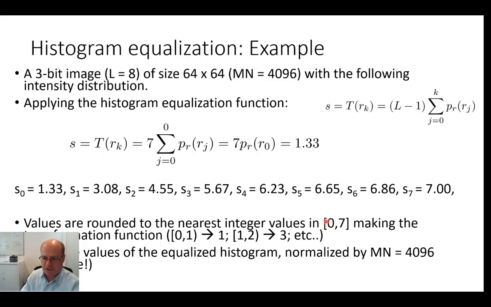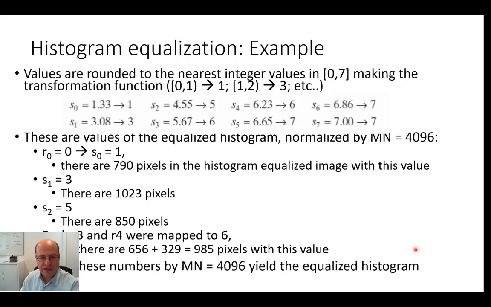It's still a 3-bit image, making the transformation functions from each value in the original image to a value in the histogram equalized image. The equalized histogram will be these values normalized by the number of pixels. Let's see how in the next slide, this becomes clearer.